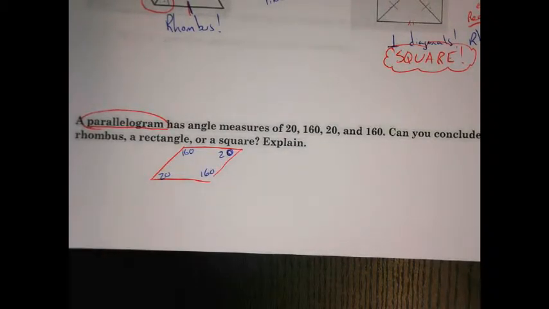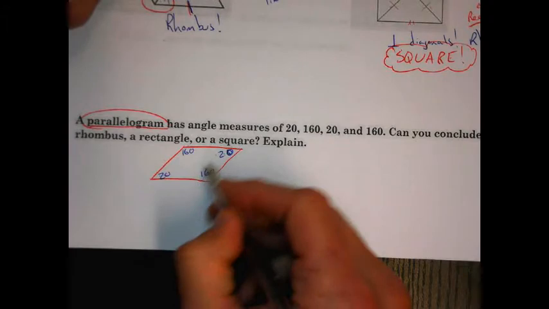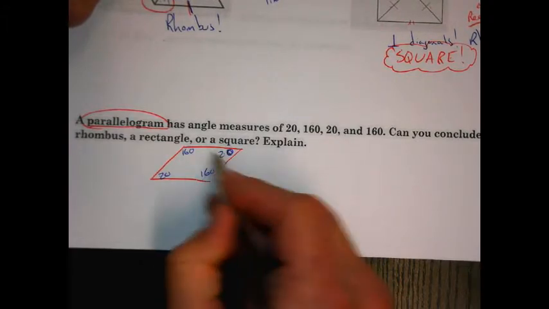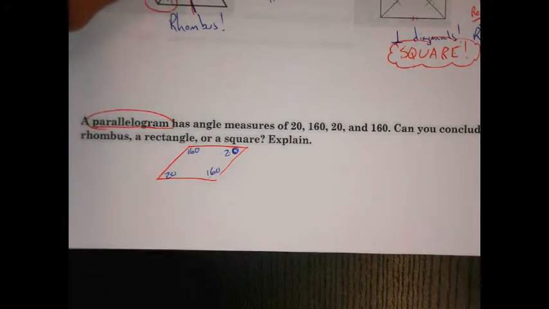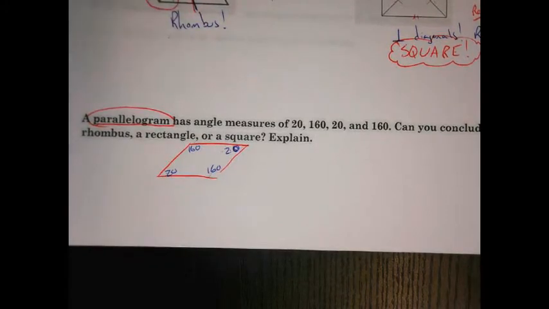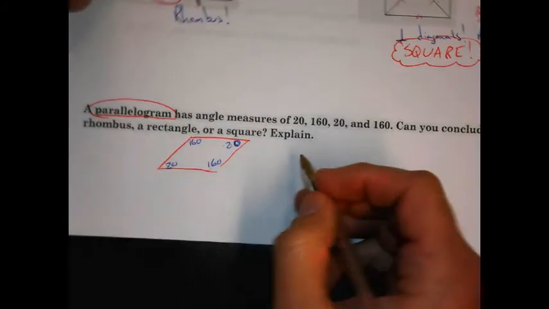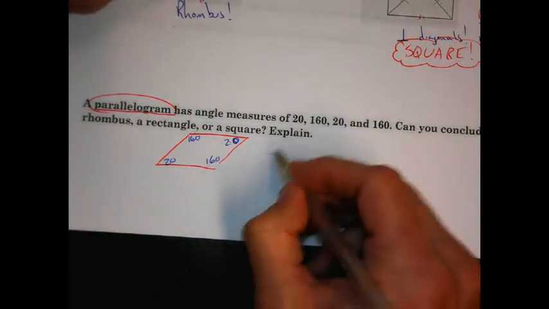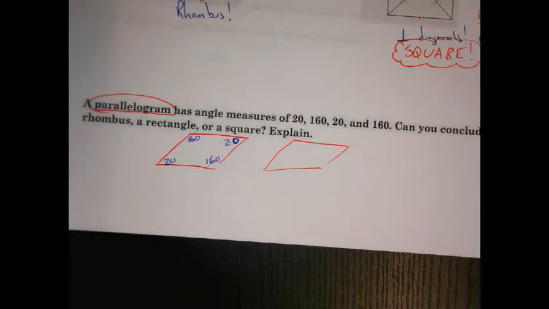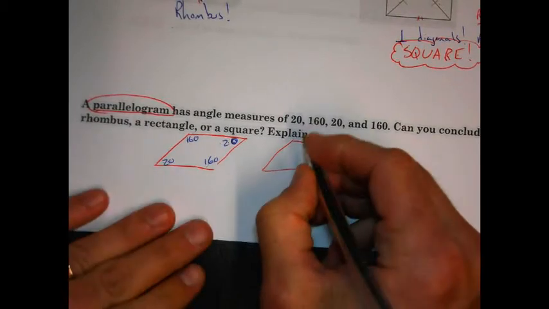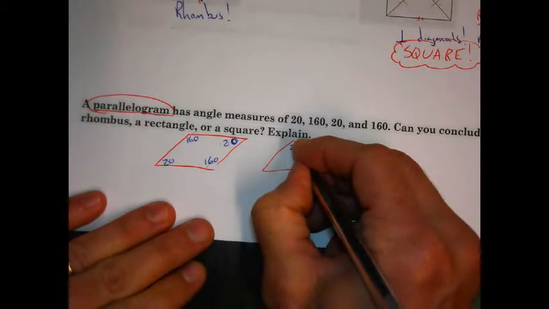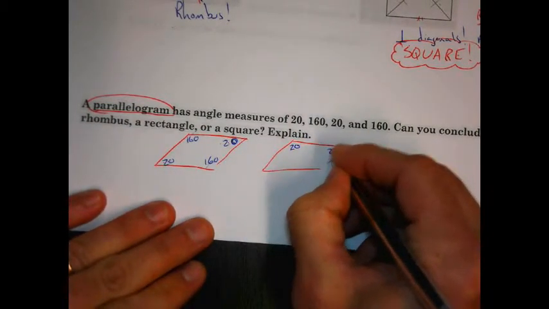Explain. Well, what do we know? We know this is a possible thing because we have opposite angles that are congruent, and we have consecutive angles that are supplementary. So far, so good. Is there anything else we can conclude about it? Well, is it possible to write that this shape has 20, 20, 160, 160?